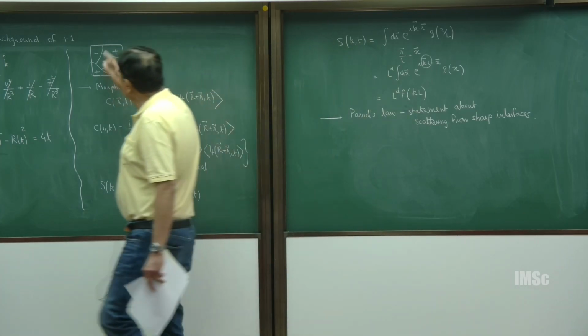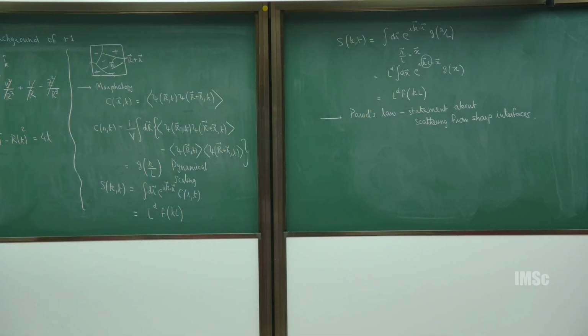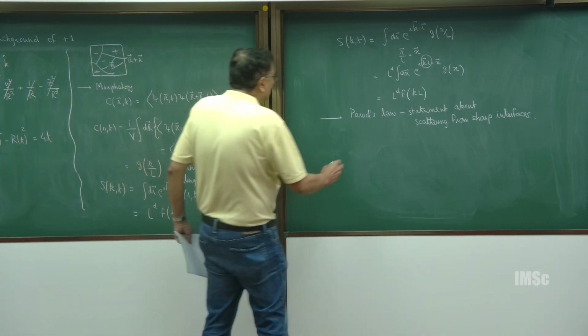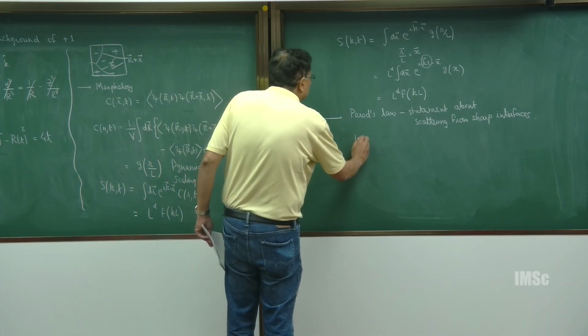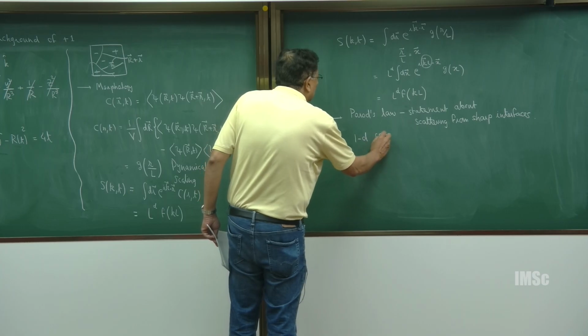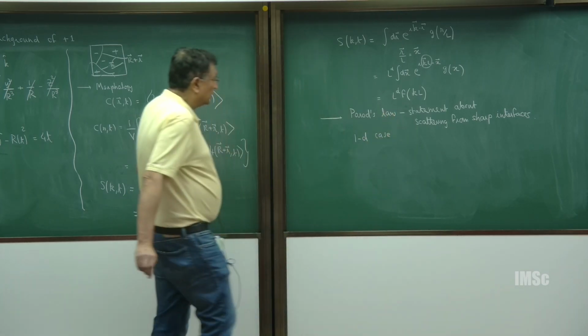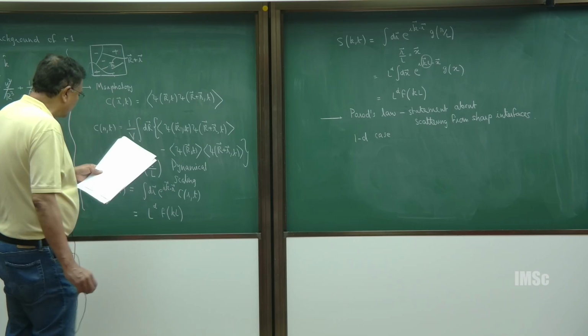Okay. So, you have these coarsening domains, there are interfaces, boundaries between the various +1 and -1 regions. What does the scattering from these sharp interfaces give? So, I am going to explicitly calculate that. First, I am going to consider the one dimensional case, the result will just generalize easily to the case of arbitrary dimensions.